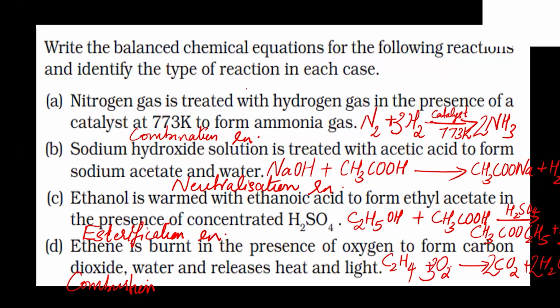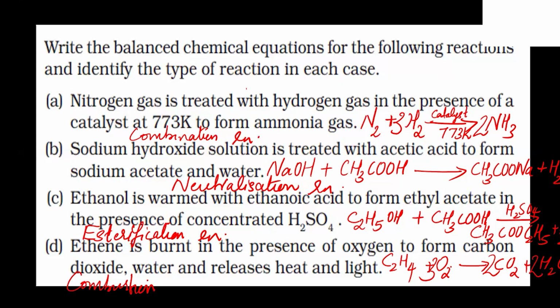Now it is balanced. So in this session, we have discussed 4 different types of reactions: combination, neutralization, esterification, and combustion. There are a lot of other chemical reactions, like decomposition, under which there are thermal, photochemical, electrolysis, etc. Then displacement reaction, double displacement reaction. In the second chapter, we are studying the neutralization reaction.